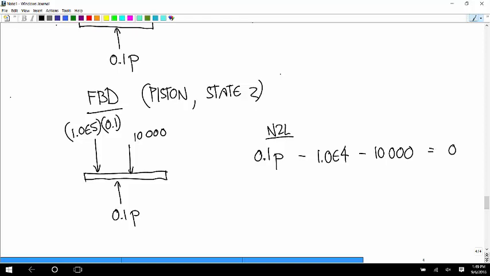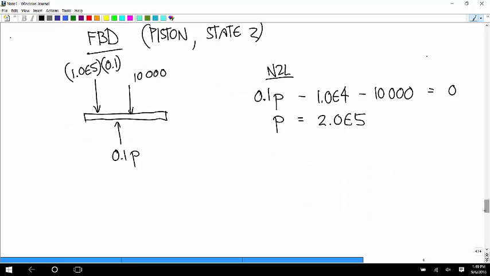There's no acceleration. And so the pressure is twice as big, 2.0 times 10 to the fifth. So that's P2.